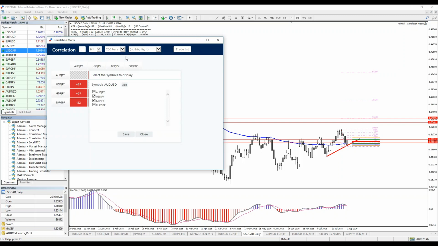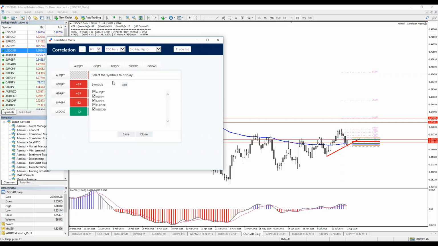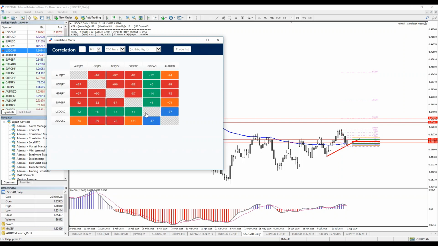Okay, Australian dollar and dollar CAD. Okay, I don't see Australian dollar. Wait, should say Australian dollar. Yeah, here.